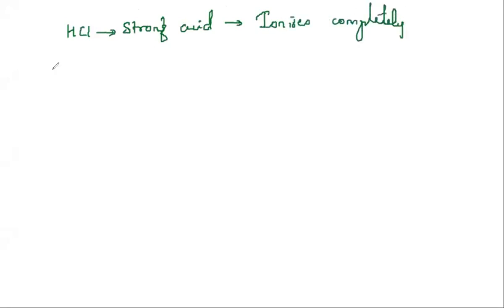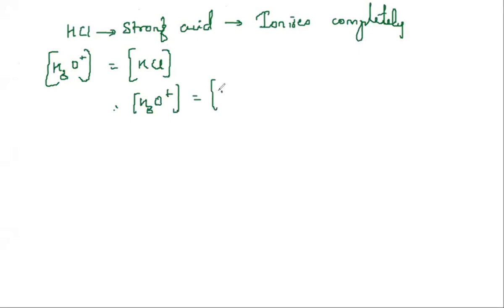Therefore, the H3O plus ion concentration is nothing but what? It is equal to the concentration of HCl itself. That is, H3O plus is equal to HCl concentration, and they have said 10 molar. Therefore, find the pH.